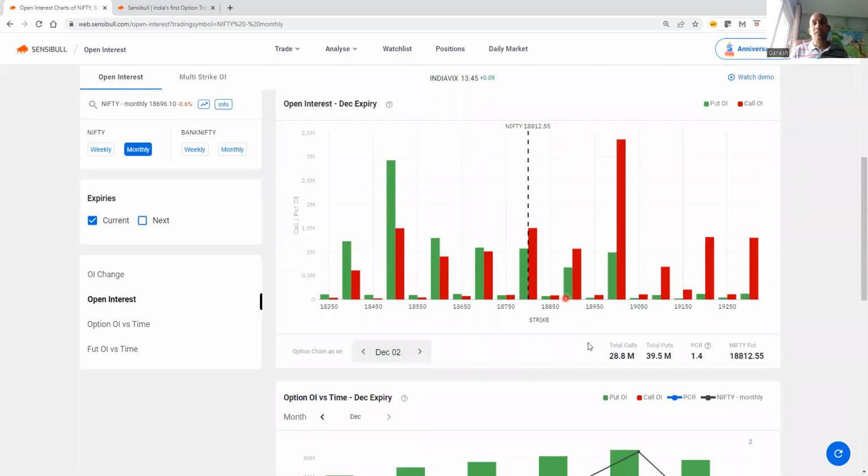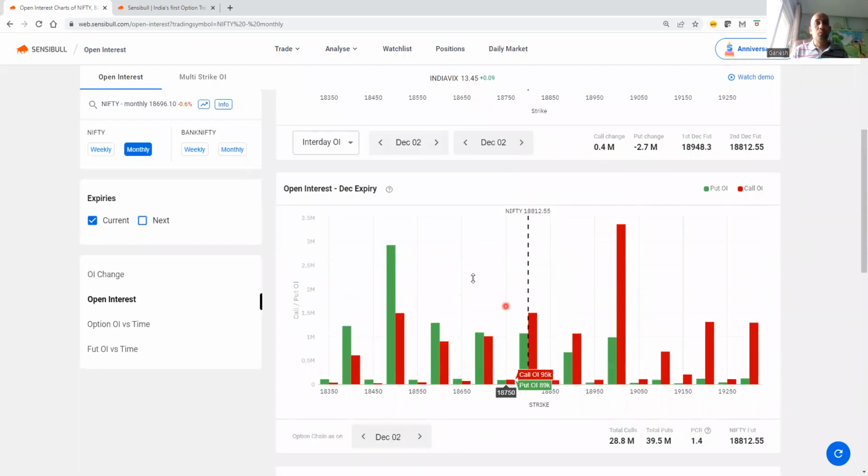If you see monthly here, this is open interest by December expiry. What is showing here is more straddle; actually we would see an 800 straddle and a 700 straddle. And strong resistance is seen at 19,000 for December expiry, because call open interest is very huge.